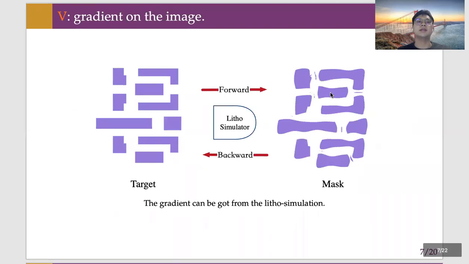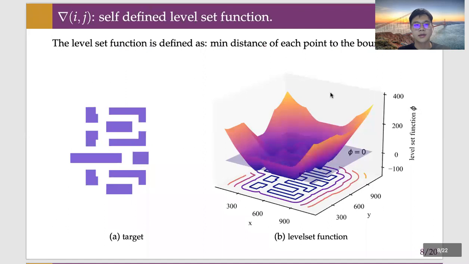The velocity v is the gradient on the image, and the gradient can be obtained from the backward process of the lithography simulation. The level set function is defined as the mean distance of each point to the mask boundary, and we use CUDA to accelerate the calculation of the level set function.